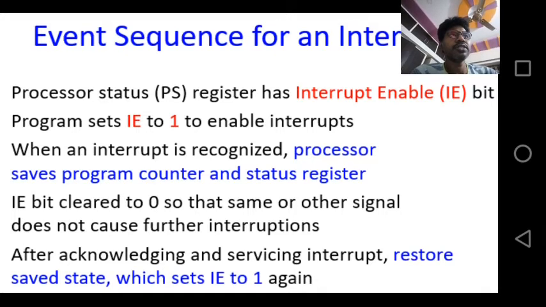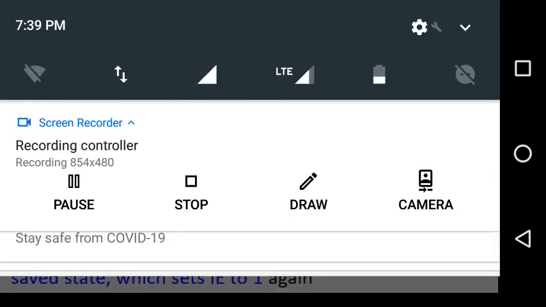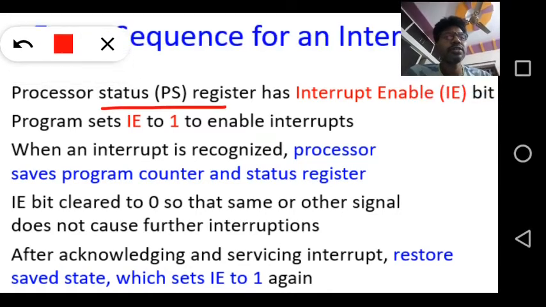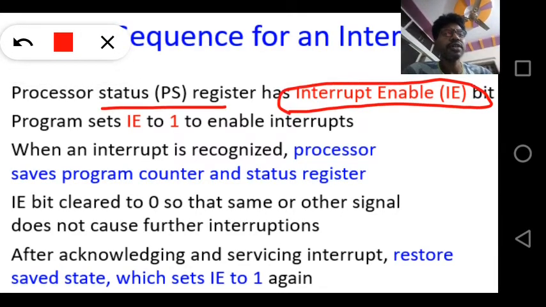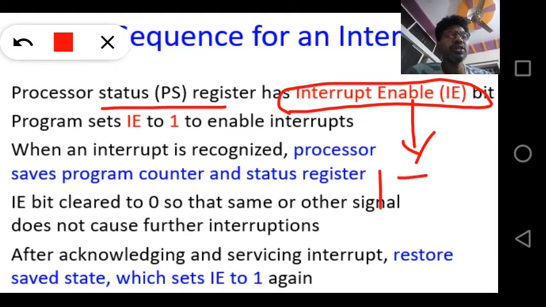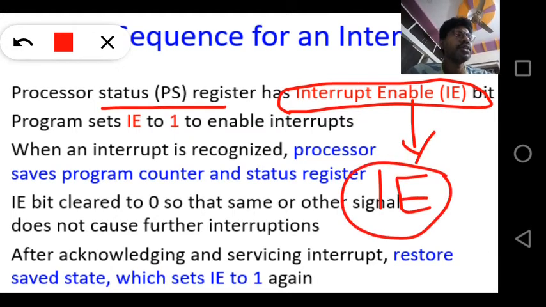So the processor has one special register which is called the status register, which has the interrupt enable bit, that is called IE, interrupt enable bit. The program sets interrupt enable. Now there is a provision that the programmer, using the program, can set the interrupt enable bit to 1 to enable interrupts. So this is the most important thing.